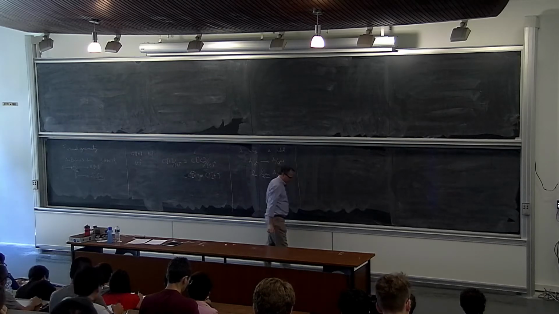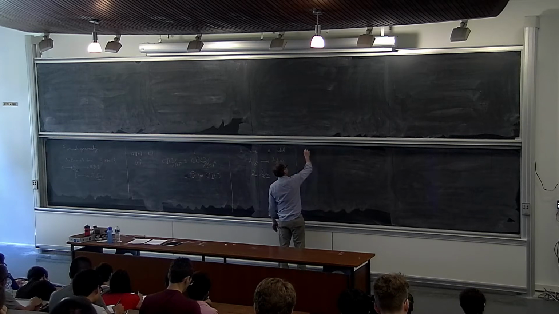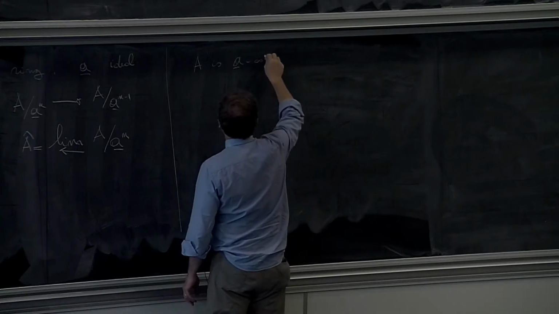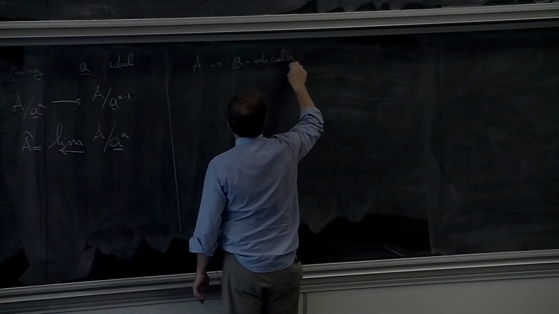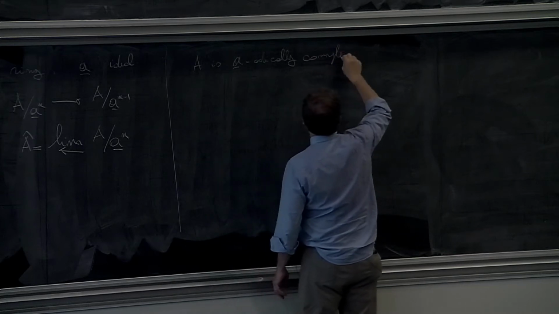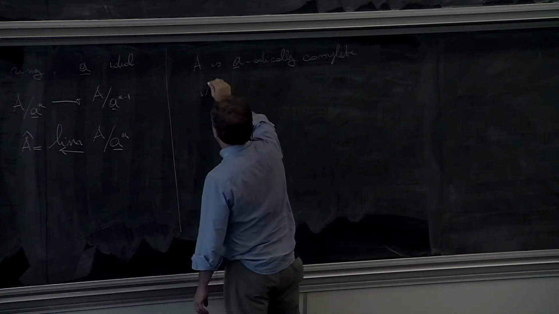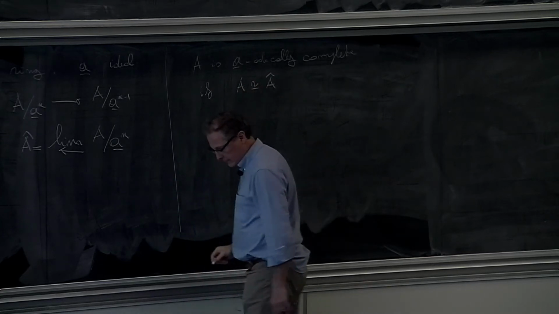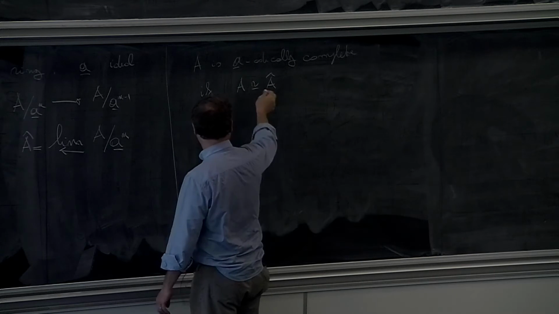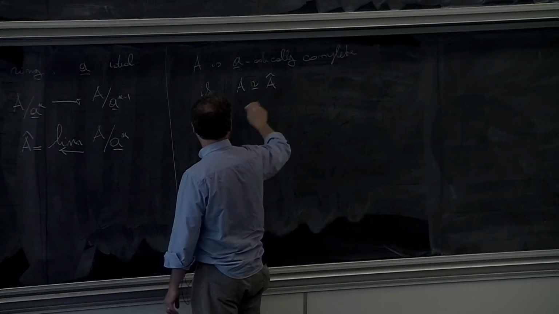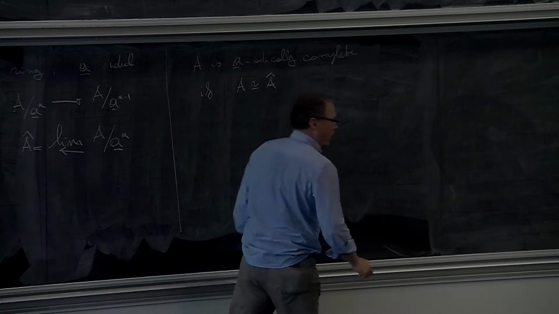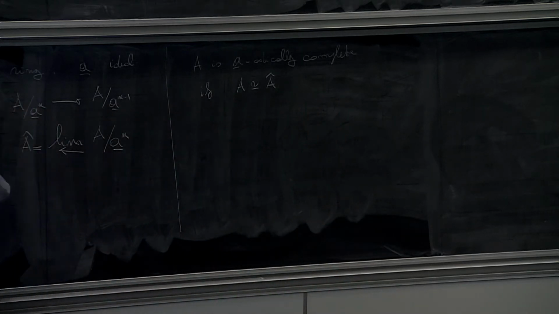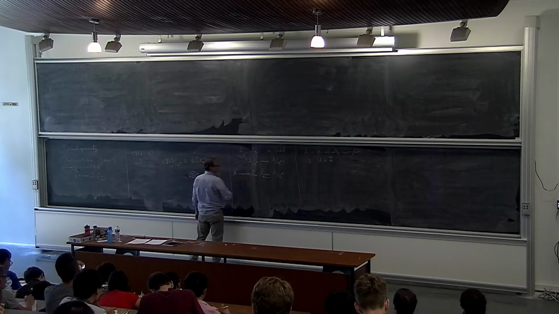And I will say that A is 𝔞-adically complete if A is isomorphic to A hat. Actually, not just by an arbitrary isomorphism, because I forgot to say that I have a natural map from A to A hat.